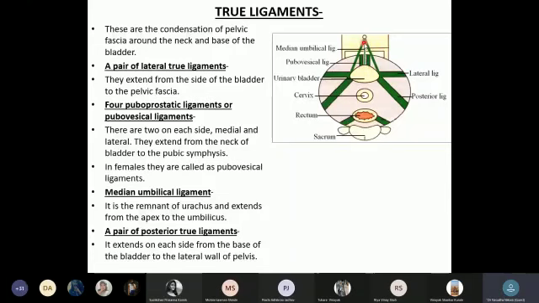Then, coming from the posterior surface of the urinary bladder, encircling the uterus and rectum, it will go laterally up to the S3 vertebra, and this is called the posterior true ligament. Can you follow? So these are all the ligaments. Again, I will revise: lateral true ligaments, puboprostatic or pubovesical ligament, this is the median umbilical ligament, and this is the posterior ligament.